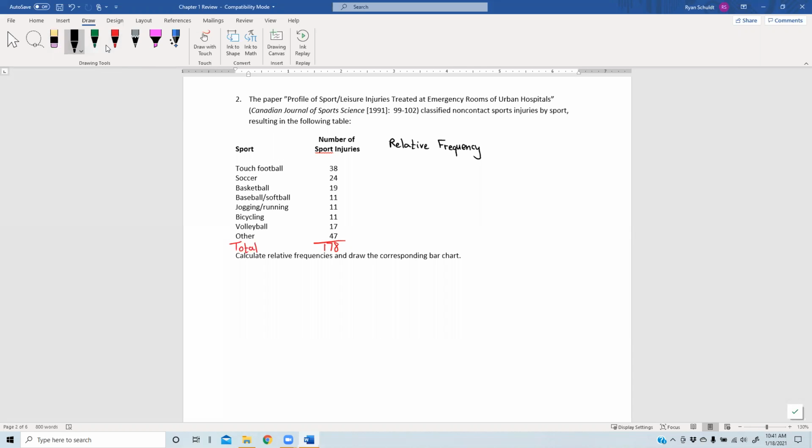So to get the relative frequency, we would say for touch football, it would be 38 divided by 178, which gets us 0.213.